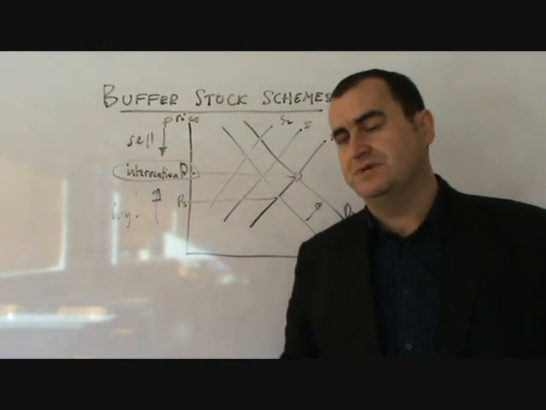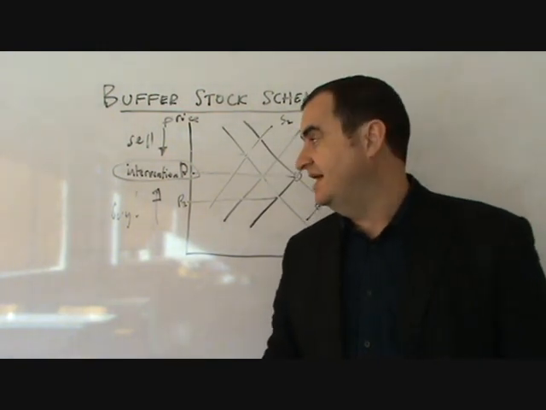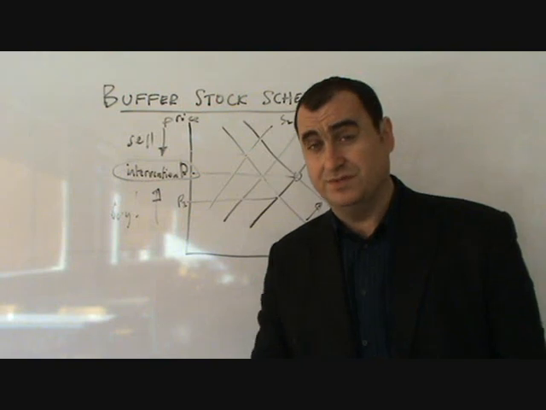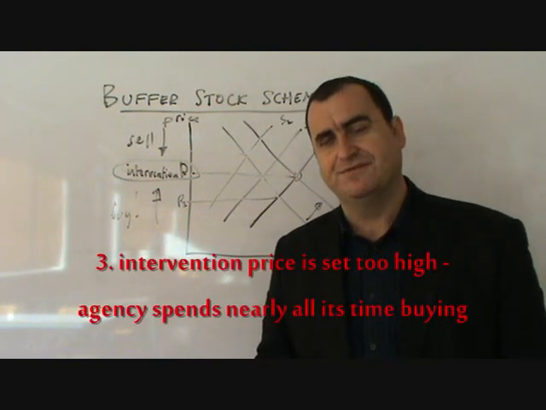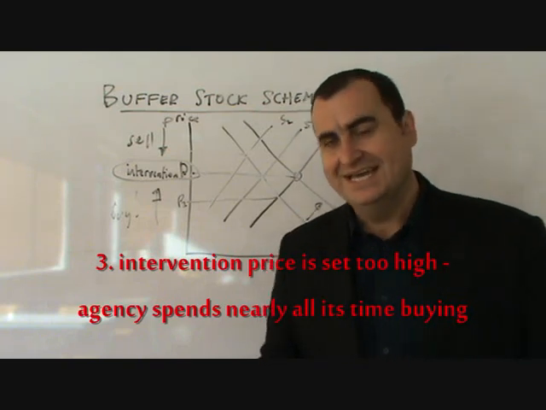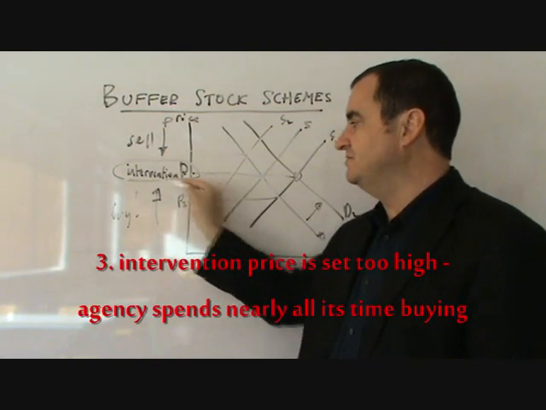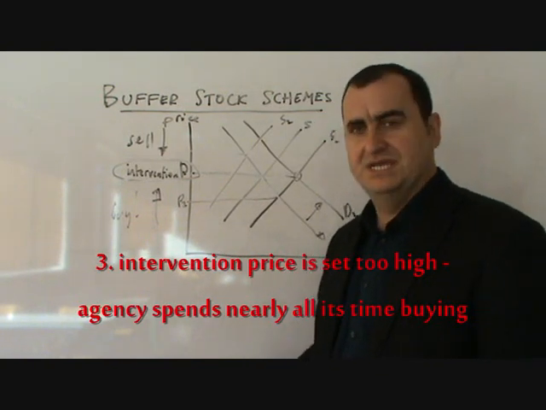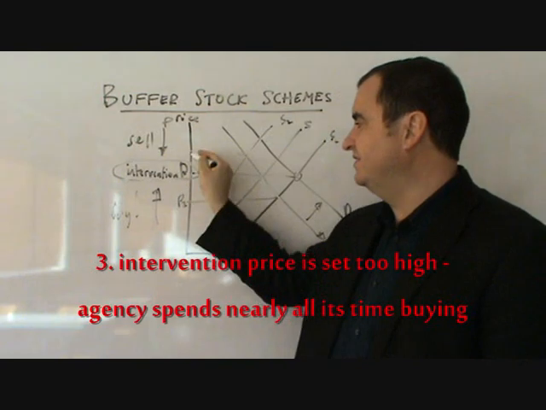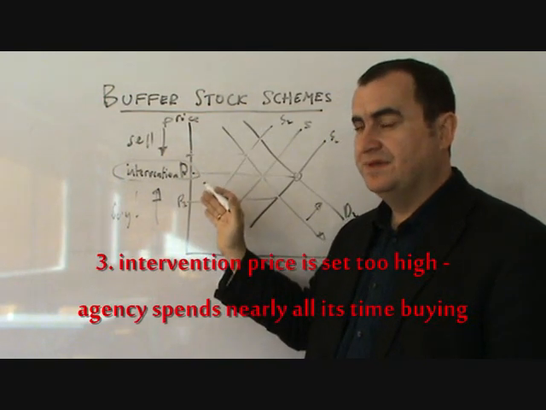The third problem is the most interesting one, and it's perhaps the most difficult to understand, but it's the one that you should really learn. The third problem that buffer stock agencies so often fail in their schemes is that when it comes to setting the intervention price, they set it too high. Perhaps it's their greed, but they set the price too high.